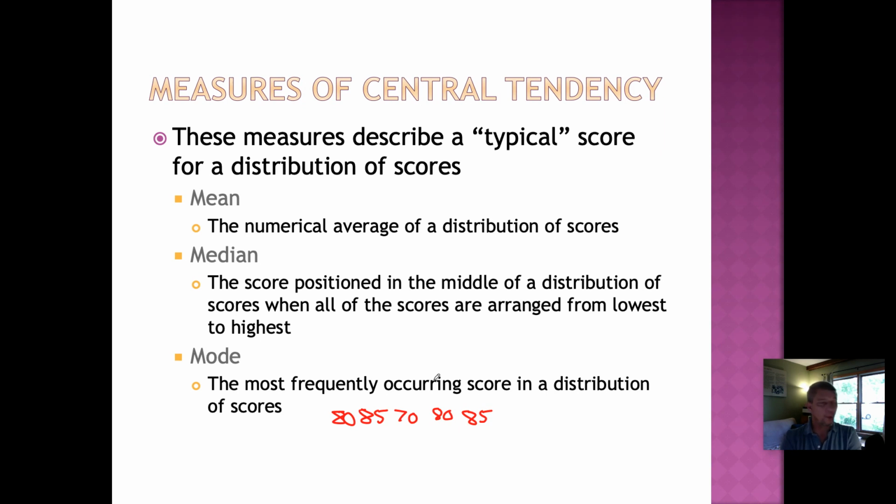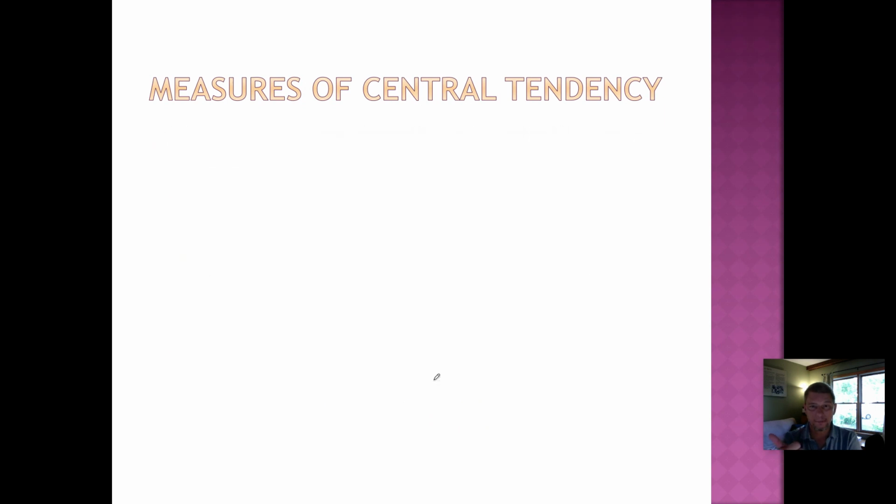Now, what I'd like you to do is calculate the mean, the median, and the mode. So we've got 80, 85, 70, 80, and 85. I don't know if that's the same order that I wrote them in last time, but it is the same set of numbers, I promise.